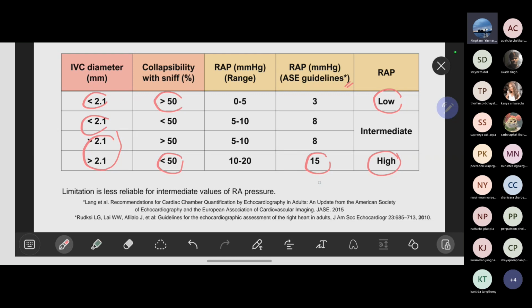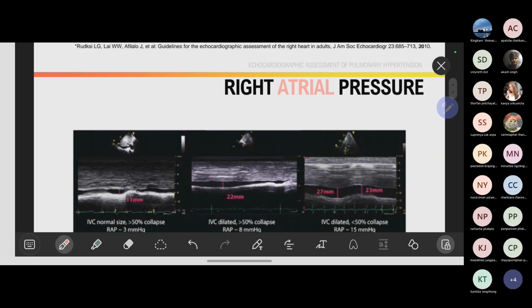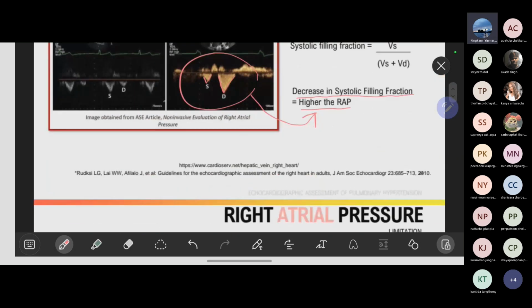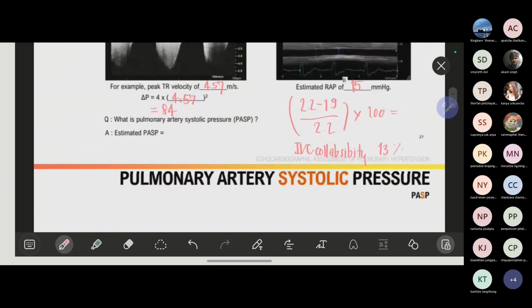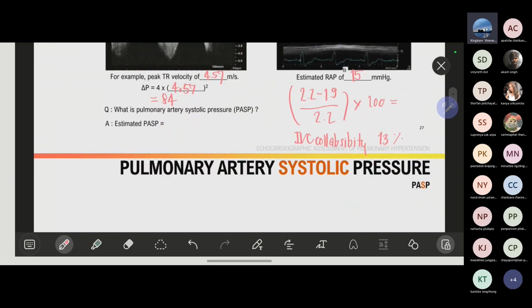Estimated right atrial pressure is 15. So estimated PASP is.